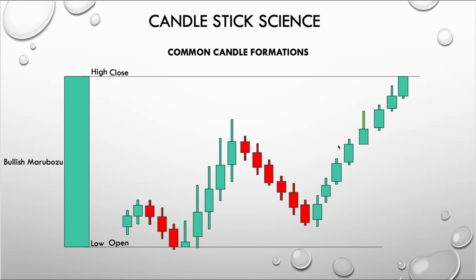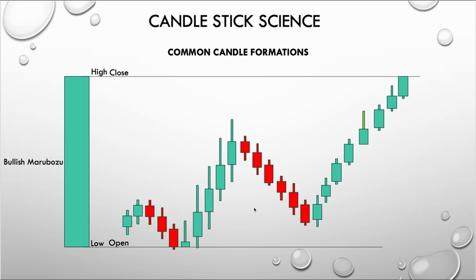You can see there are many bullish candles here with much bigger volume than the bearish candles. So naturally, this market will push and close at its high because there are many more buyers than sellers. This will create a very big bullish candle, which we name a Marabuzu candle.